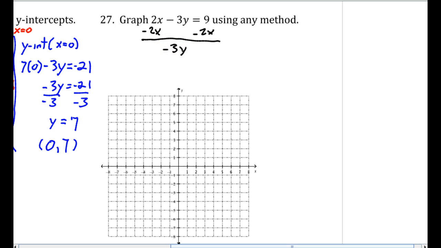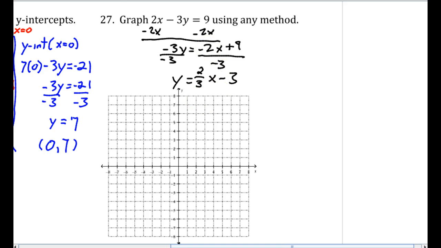So negative 3y equals negative 2x plus 9, and divide by negative 3. So I'll have y equals positive 2/3 x minus 3. Negative 2 over negative 3 is positive 2 over 3, and 9 over negative 3 is negative 3.